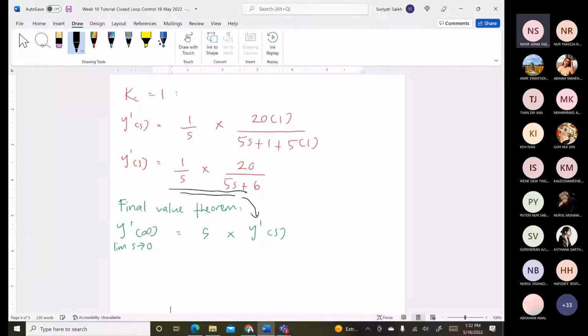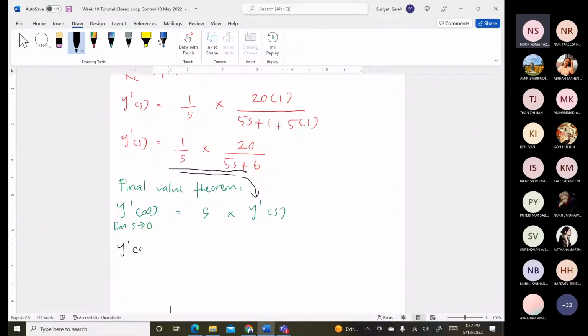So this contributes to the y prime infinity, limit s approaching 0, equal to s multiplied with 1 over s multiplied with 20 over 5s plus 6. So this contributes to cancellation of the s. And then 5s plus 6. 5s here, the limit s becomes 0, so the 5s becomes 0.